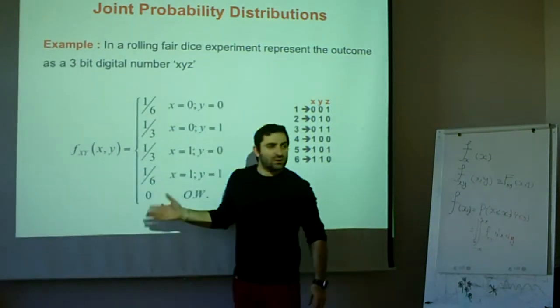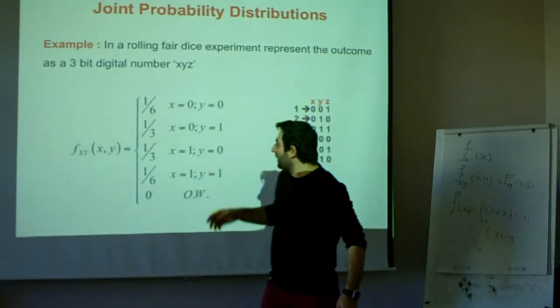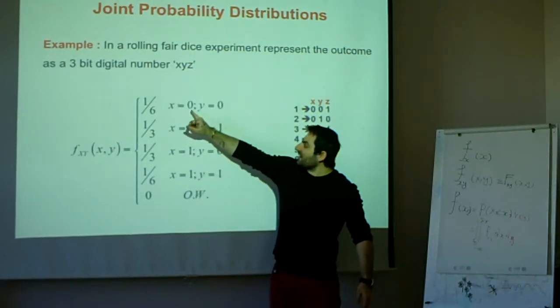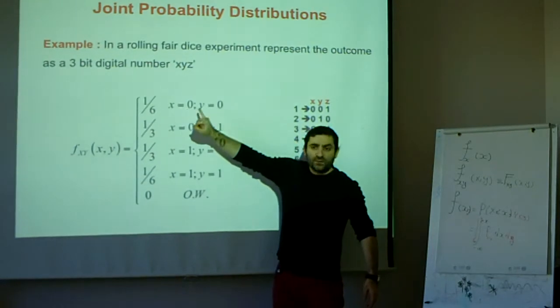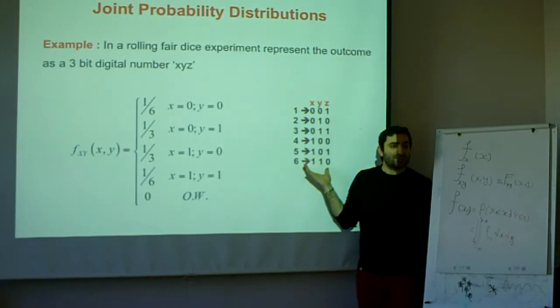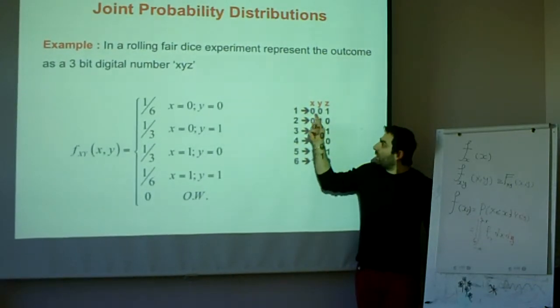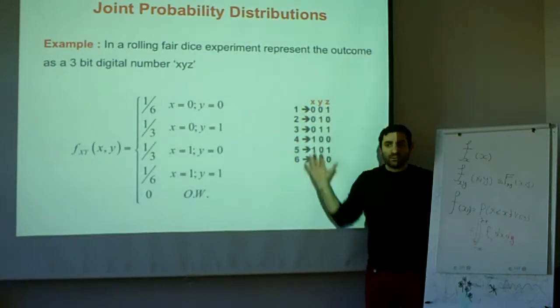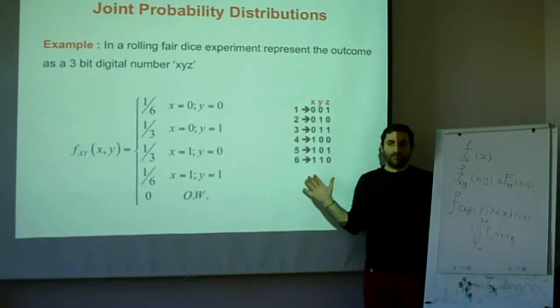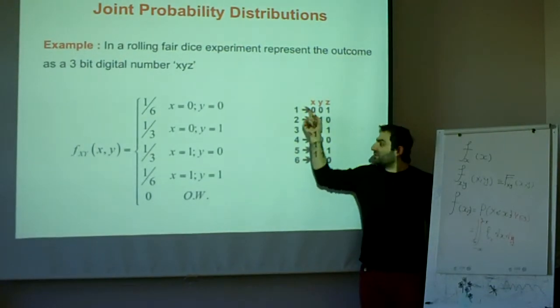The same thing is valid here. It doesn't matter if you have a double integral or double summation. The event says that we have x to be 0, y to be 0. Let's look at the outcomes. How many times do we have x 0, y 0? Only 1. What is the total number of events that we have? 6. So it is 1 over 6.